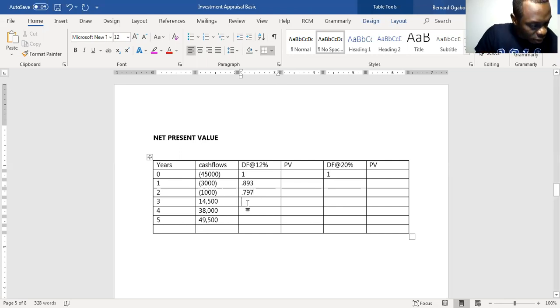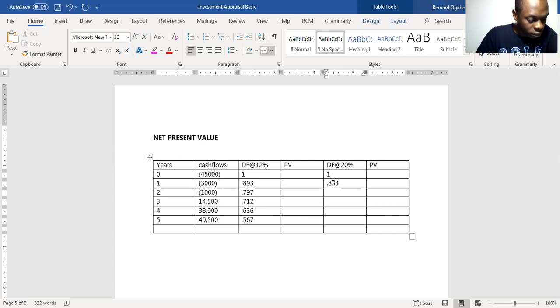Year 3, I have 0.712. Year 4, I have 0.636. Year 5, I have 0.567. That's at 12%.